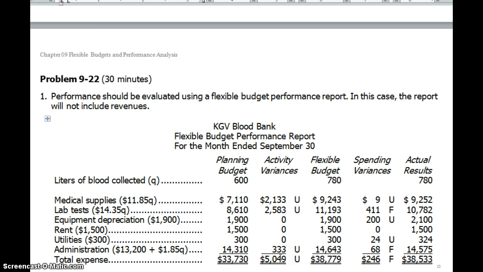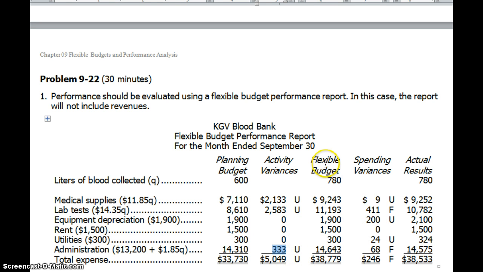This is not all that surprising, considering the fact that there was a huge amount of activity increase, 180 additional liters of blood collected. You would expect increased use of medical supplies, increased use of lab tests, and you'd expect an increased amount of administrative cost. So this activity variance isolates the overall variance, all due solely to activity.